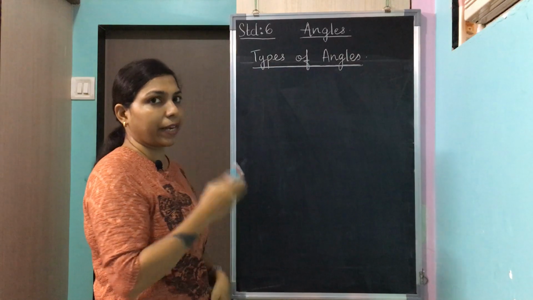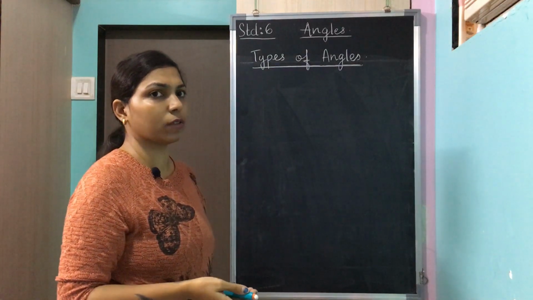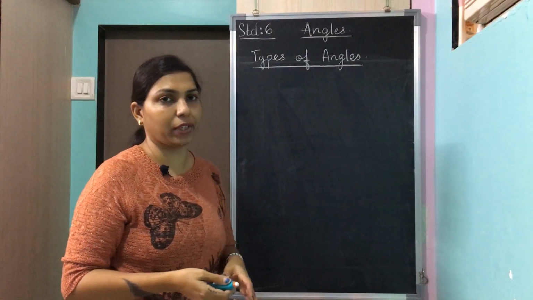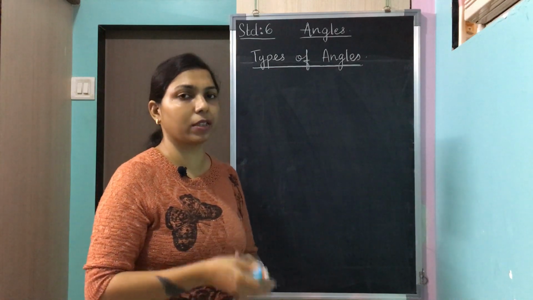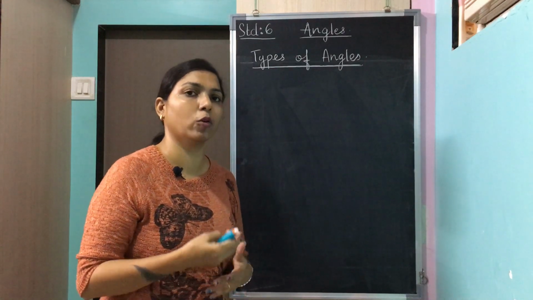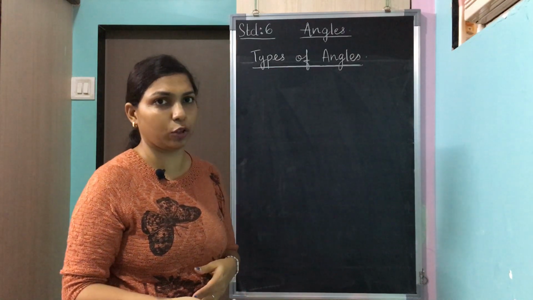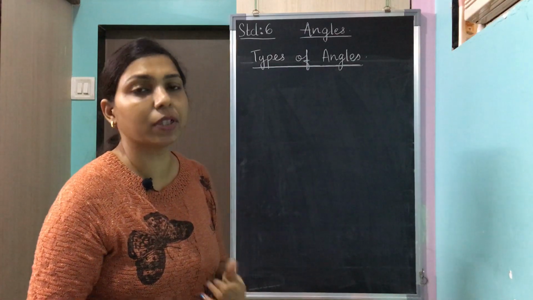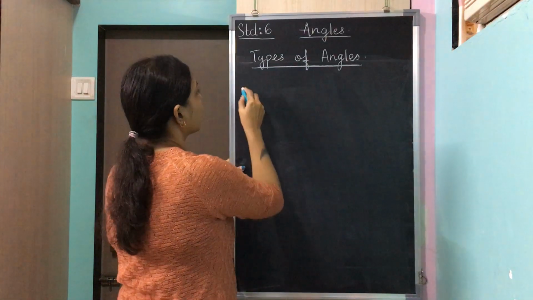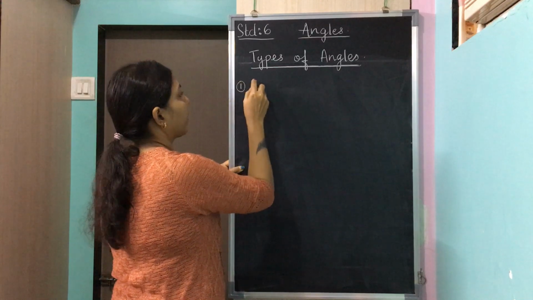Children, I want you to write this down, copy it down into your notebooks. If you are not able to complete it within the given time frame, you can pause the video, copy it down and then continue further. So we start with the first type of angle, which is called a zero angle.